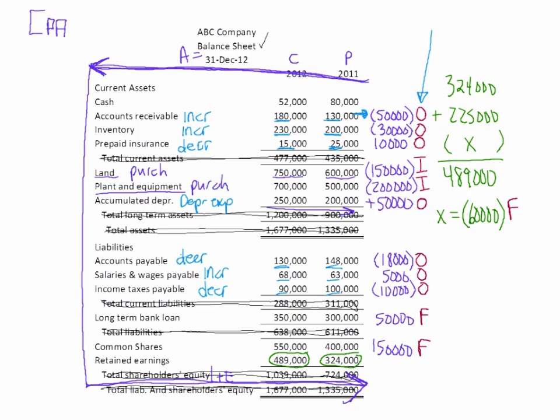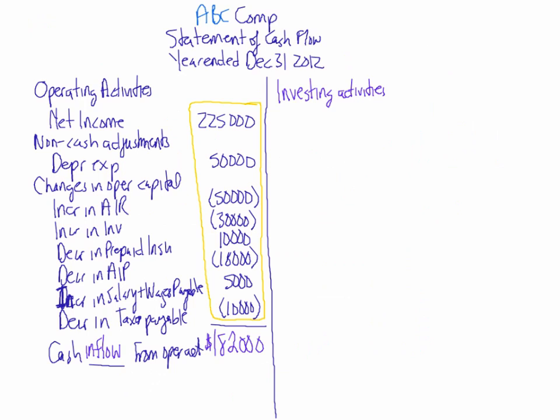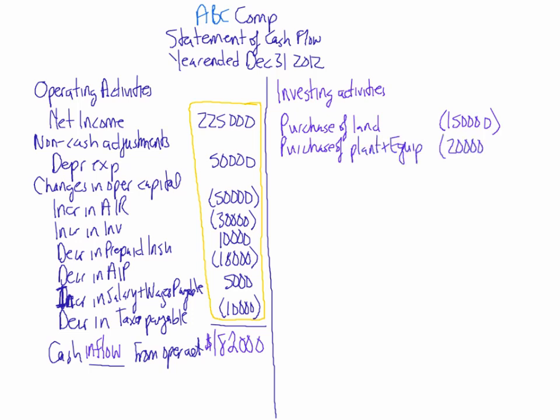If you do not describe it, that's going to be problematic and it's going to lose you marks. So purchase of land, and don't forget, we calculated this as negative 150,000. Then purchase of plant and equipment, and that would be negative 200,000.